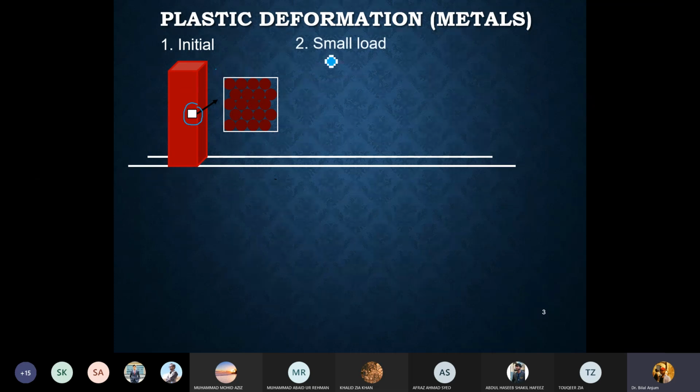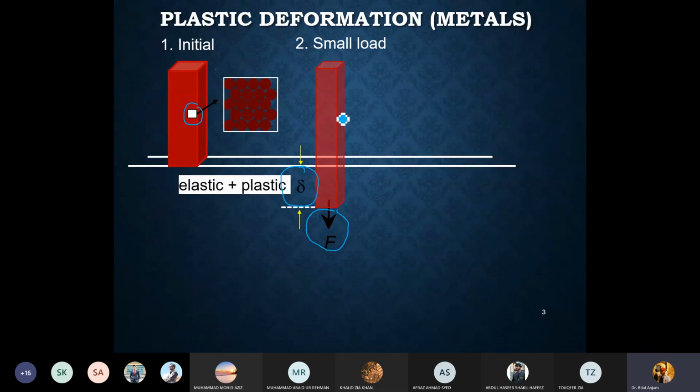Now, if a small load is applied onto this block, a load greater than the one applied in the last slide, you would see a greater deformation in the material. If we look at it at a micro level in terms of the atomic arrangement, you would see that there is an elastic and plastic deformation.